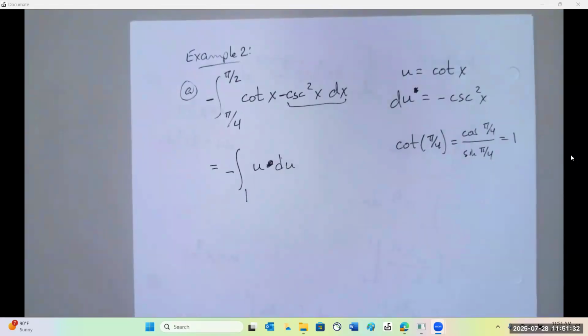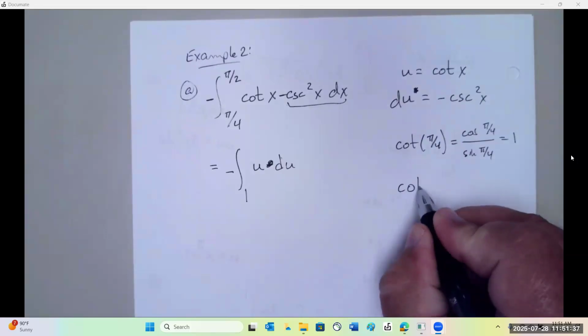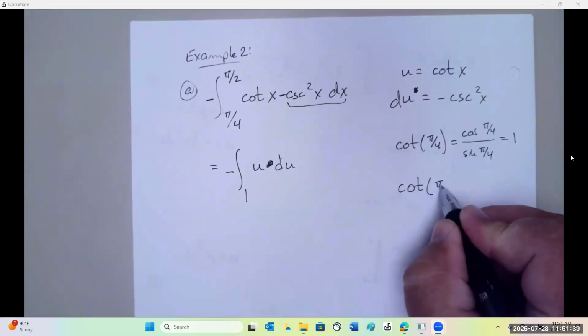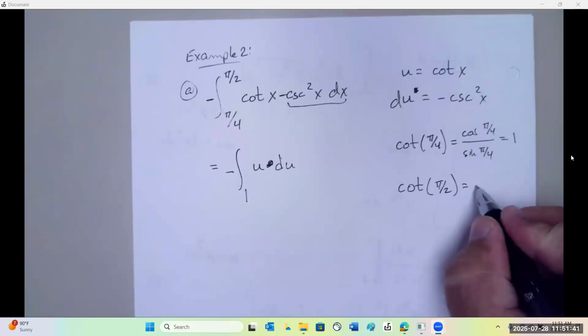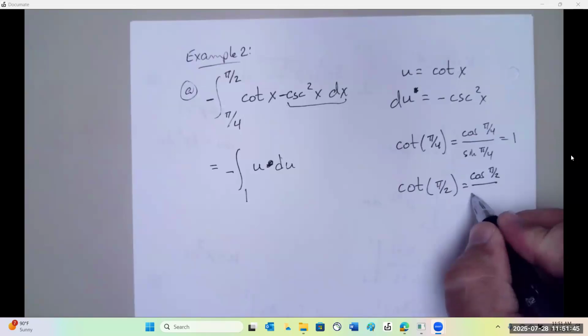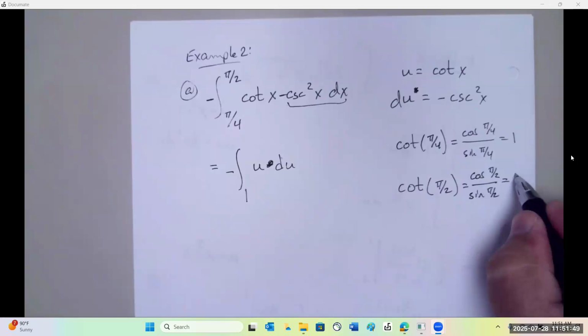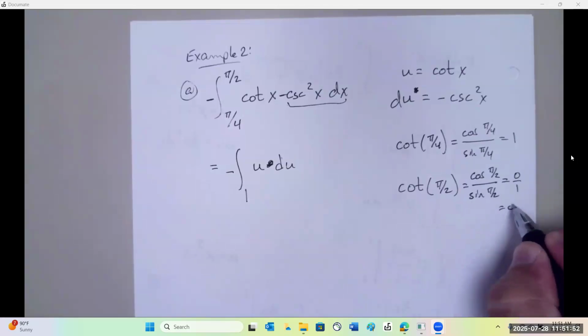So the lower bound is 1. And then we do cotangent at pi over 2. Cosine of pi over 2 over sine pi over 2 is 0 over 1, which is 0.